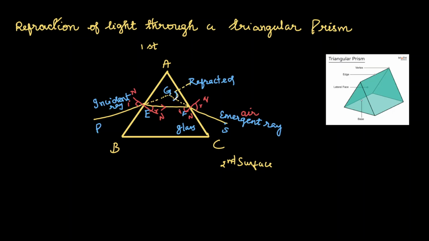Here we have an angle. This angle is called D, the angle of deviation. When the light emerges out from the surface AC, the emergent ray forms an angle to the incident ray. That angle is called the angle of deviation.